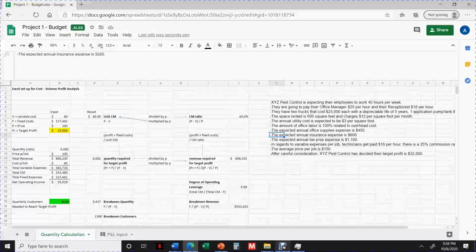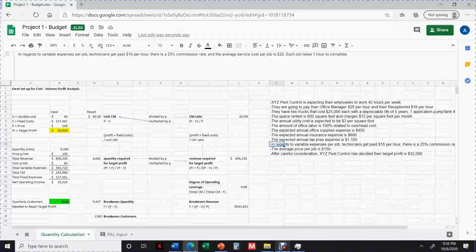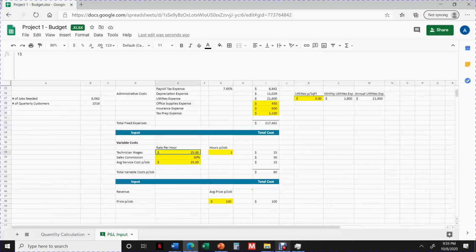In regards to variable expenses per job, technicians get paid $16 an hour, there's a 25% commission rate, and the average service job is $20, and it takes 1 hour to complete. So there you go, $16, 25% at $20, and 1 hour stays the same.